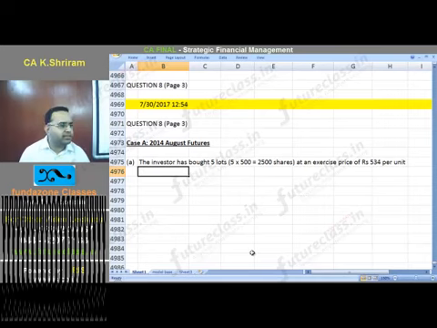This theoretically means that in the month of August, the investor has to pay 534 rupees and take one share. In the stock market, it doesn't happen. Normally, in futures, you don't pay money and then get the share. Rather, it's netted off based on that day's exchange rate.